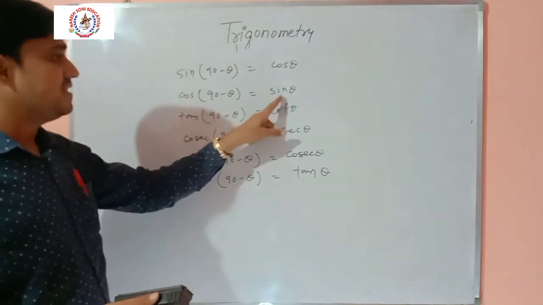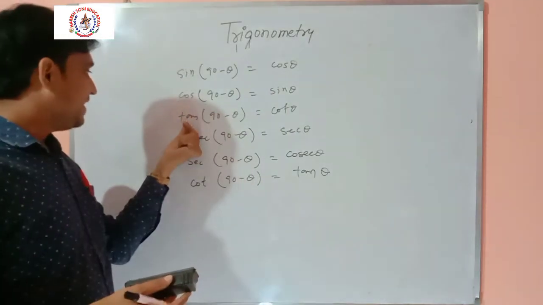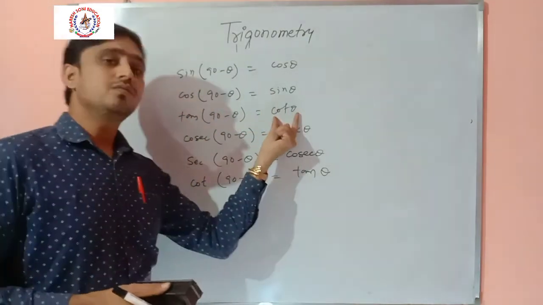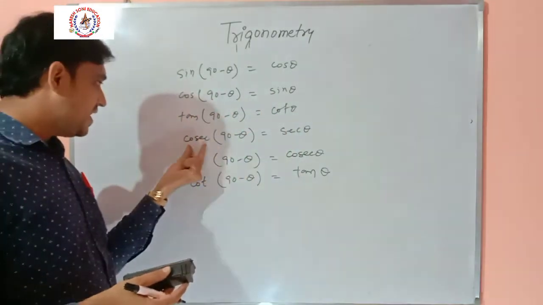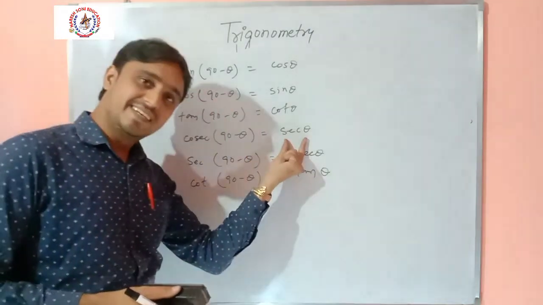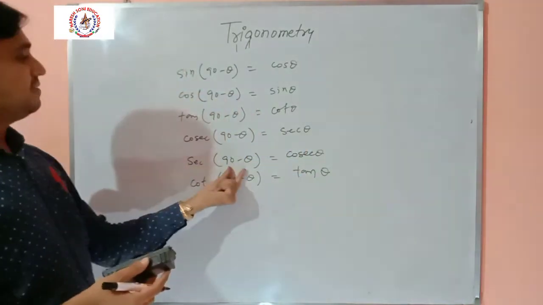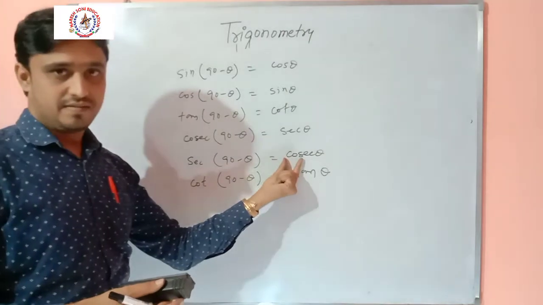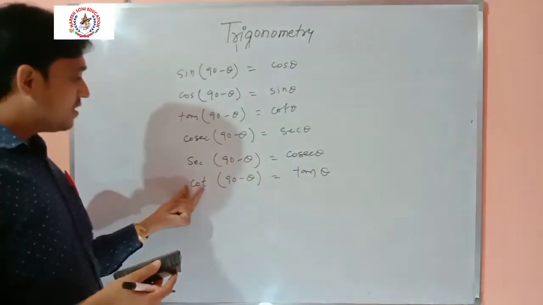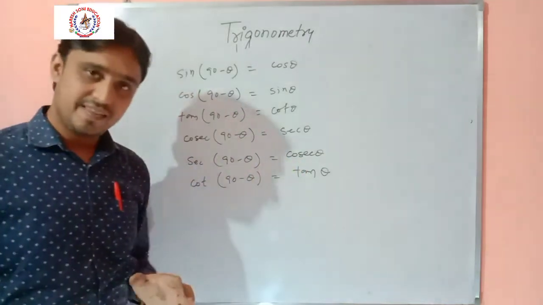Cos 90 minus theta will be sine theta. Tan 90 minus theta will be cot theta. Cosec 90 minus theta will be sec theta. Sec 90 minus theta will be cosec theta. And the last one, cot 90 minus theta will be tan theta. Understood?